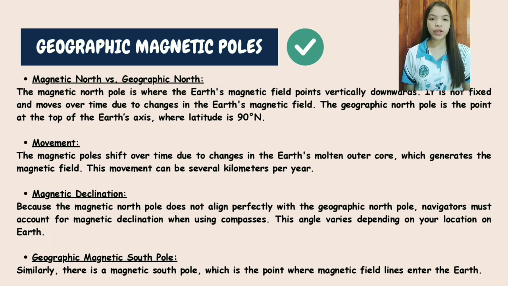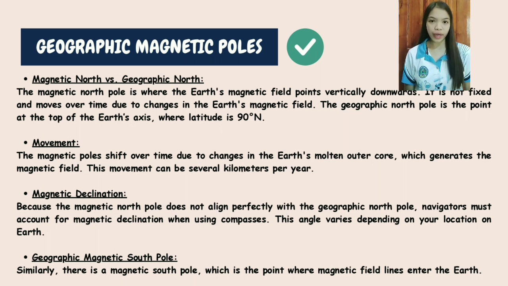Magnetic north versus geographic north. The magnetic north pole is where the Earth's magnetic field points vertically downwards. It is not fixed and moves over time due to changes in the Earth's magnetic field. The geographic north pole is the point at the top of the Earth's axis where latitude is 90 degrees N.